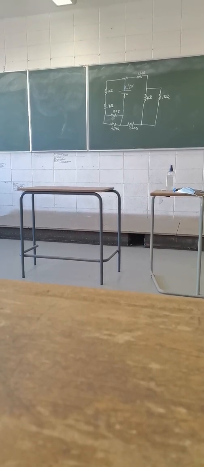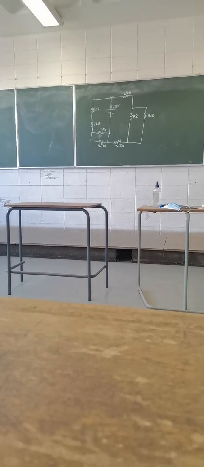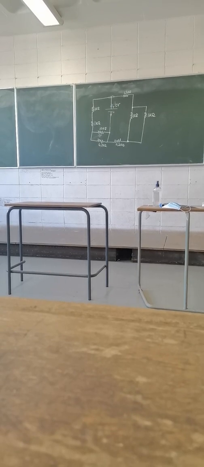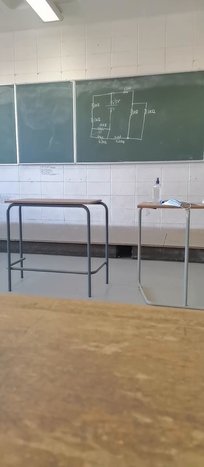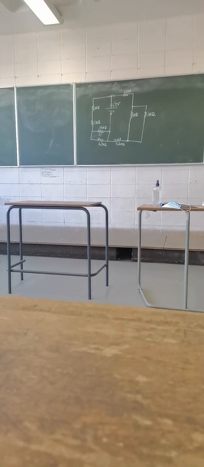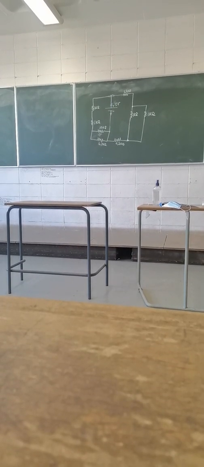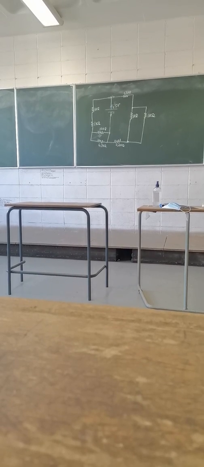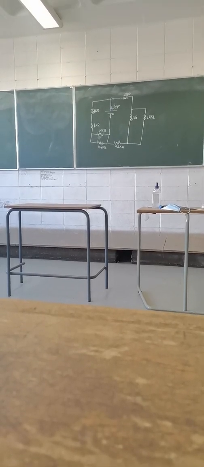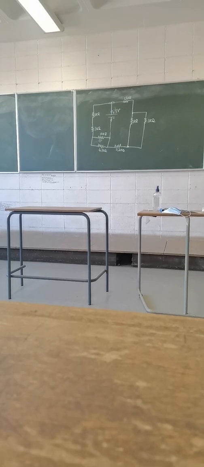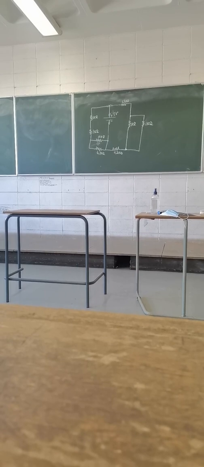Provided, and I want you to listen to this very carefully, that the sum of the current leaving the junction is equal to the current entering the junction. Did you understand that statement?